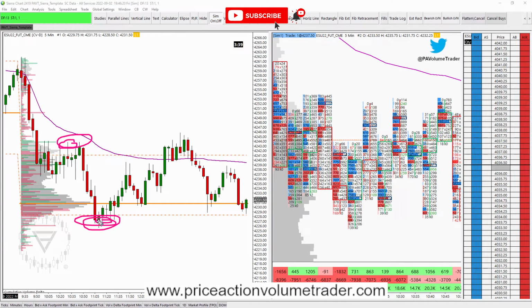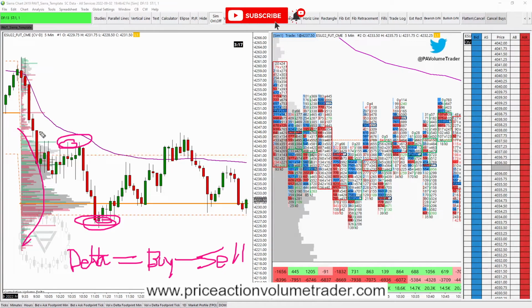And if you see that the market, even though there's a lot of pressure on the delta, which is basically the difference between executed orders to buy minus executed orders to sell. So if there's a positive delta, and you can see delta right here.